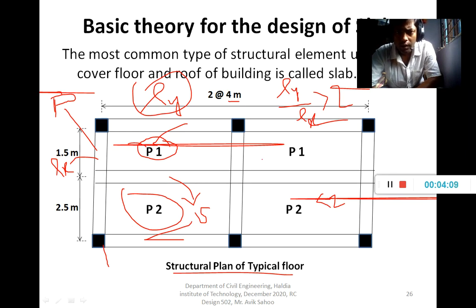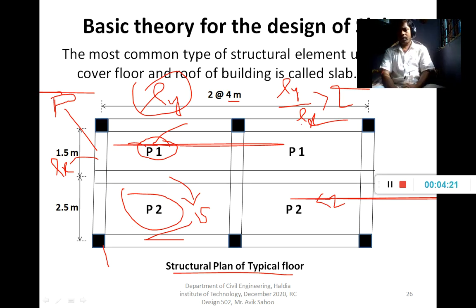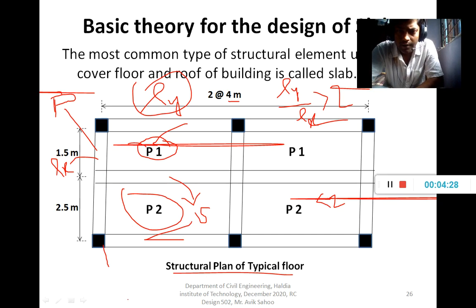Panel 1 has a ratio more than 2, whereas panel 2 has less than 2. So when the aspect ratio is more than 2, it is called a one-way slab, and panel 2, with the aspect ratio less than 2, is called a two-way slab.